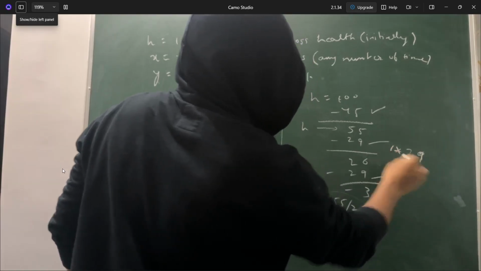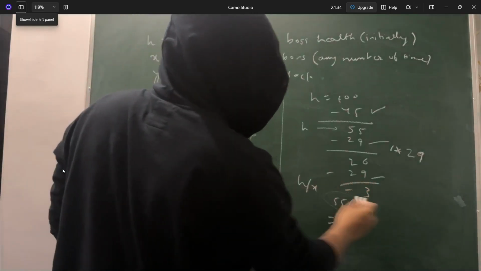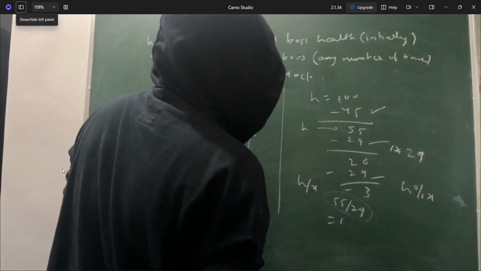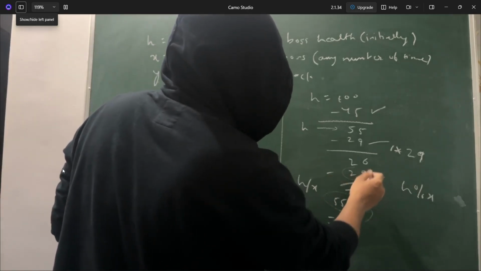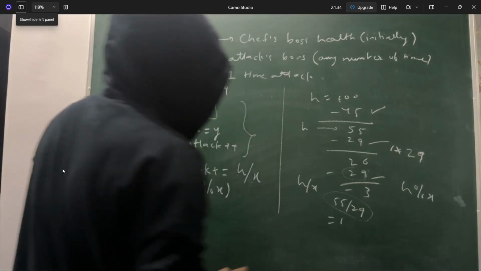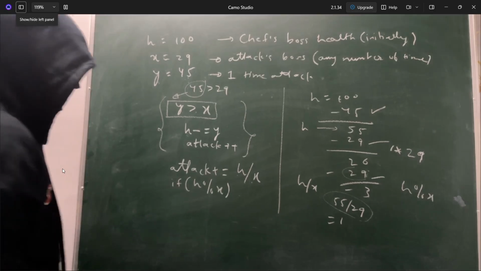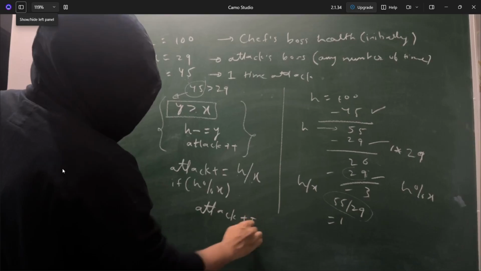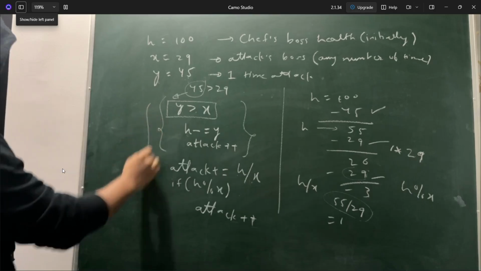But still, if there is any health left, for that you'll have to do h modulo x in order to find whether there is any health lesser than 29. So in that case, one more attack you will have to do in order to make the boss health less than or equal to 0. So in this case you'll do attack plus plus. So I think you guys got it, how to solve this. This is basically the pseudocode.